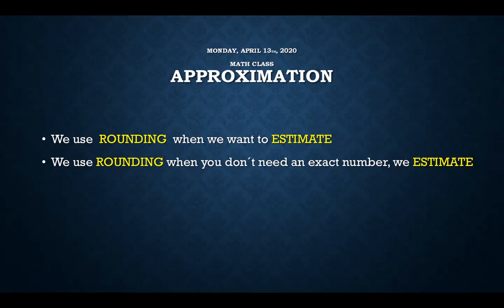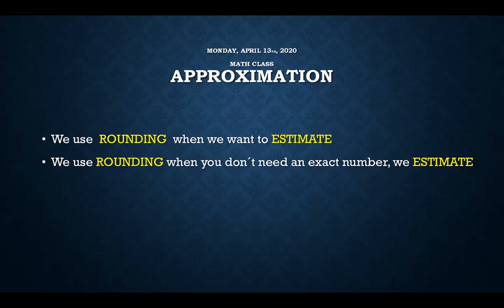So the topic again, you are going to be working in your math notebook, and the topic for today is approximation. In which cases are we going to use this? We use rounding when we want to estimate.